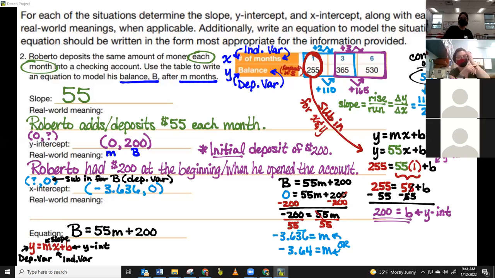Slope was up at the top. This is my x-intercept. Think about that ordered pair. Which thing comes first, the months or the balance? What is this? Is that months or is that balance? That is months. So that means this would be balance. So how could I interpret this?